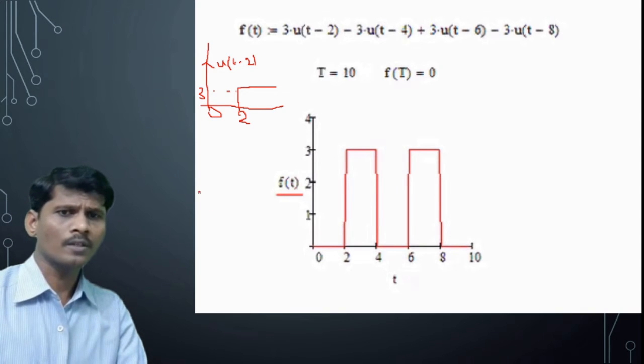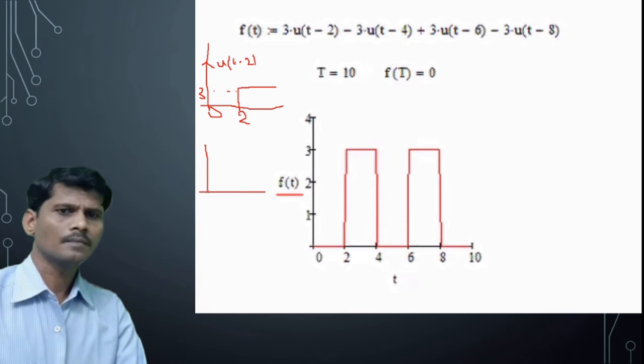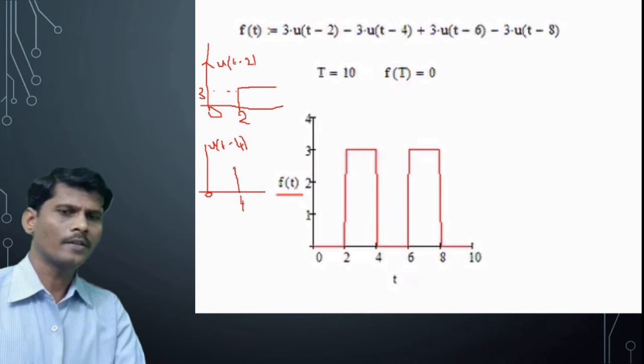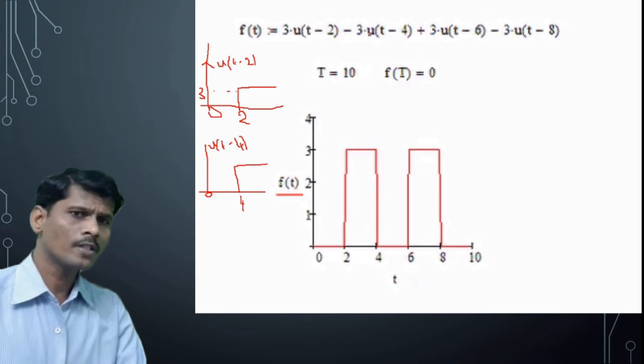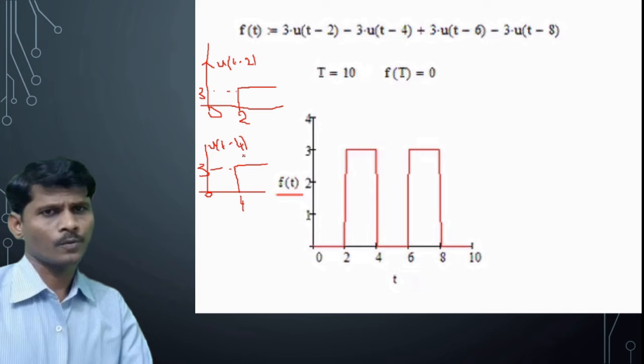So for t greater than or equal to 4, the magnitude value is 3 into 1, which is 3. So this is the graphical representation of 3u(t-4).